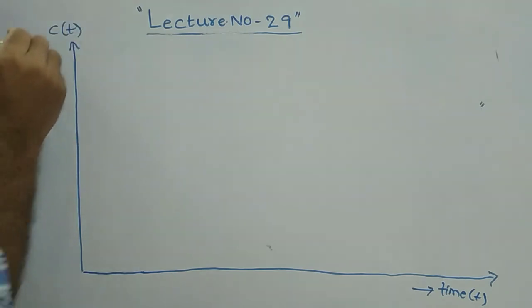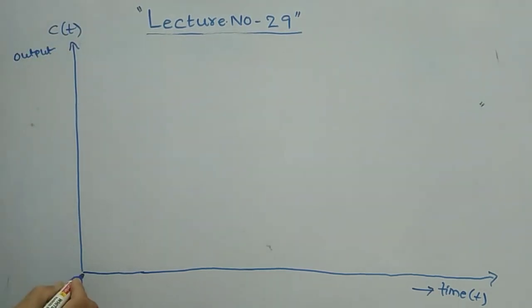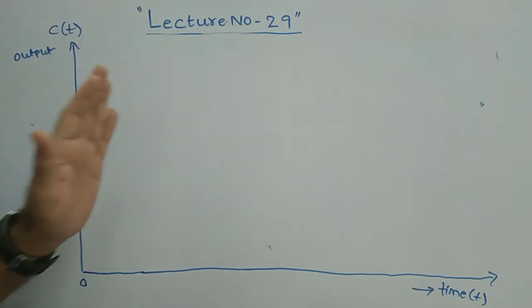This is your output C of t. This starts from 0. Now this is what I am going to explain, the time response in graphical method.